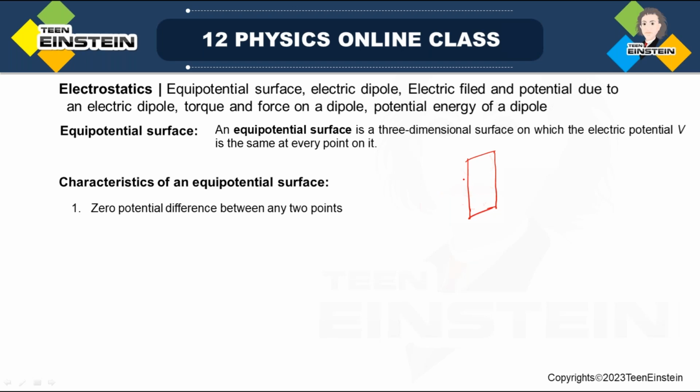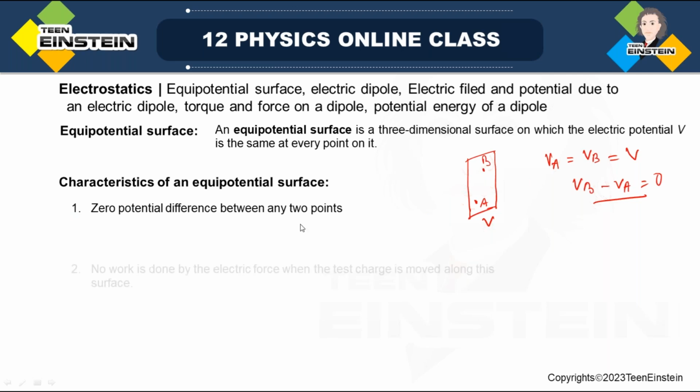Suppose this is an equipotential surface. If I take a point A here and another point B here, then VA will be equal to VB equal to V, the same potential everywhere. So what is the potential difference? VB minus VA will be 0, isn't it? So the potential difference between any two points will be 0.